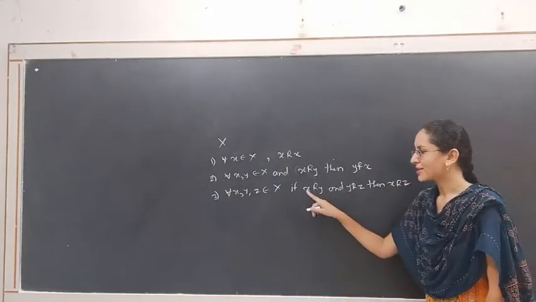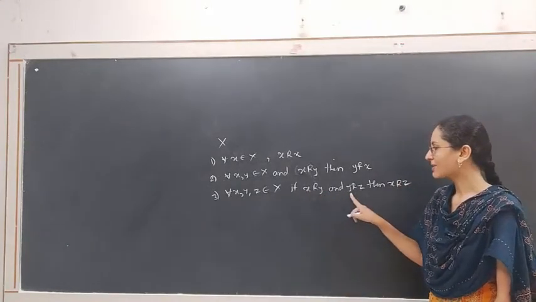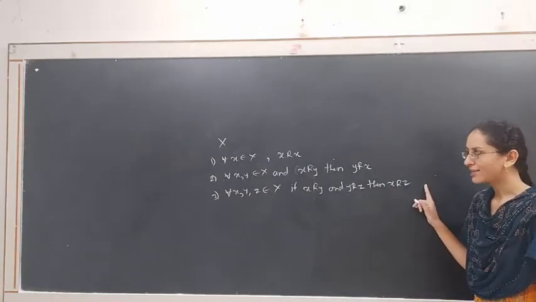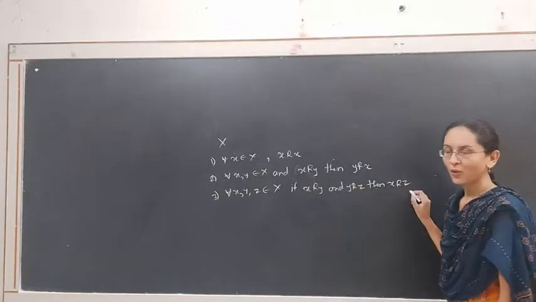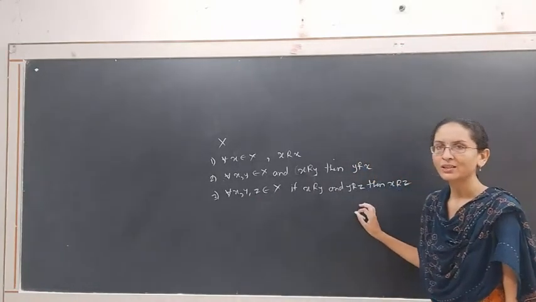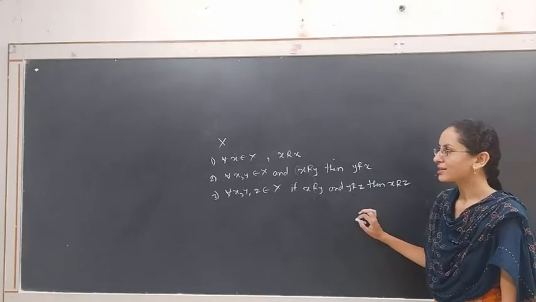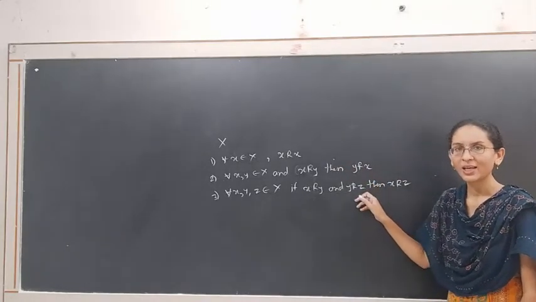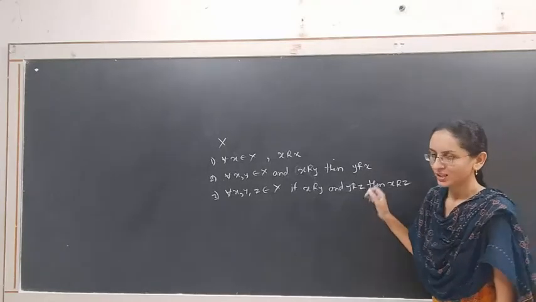That is, if x is related to y and y is related to z, then x is related to z. If R satisfies this property, then R will be a transitive relation. If R is reflexive, symmetric and transitive, then we say that it is an equivalence relation.